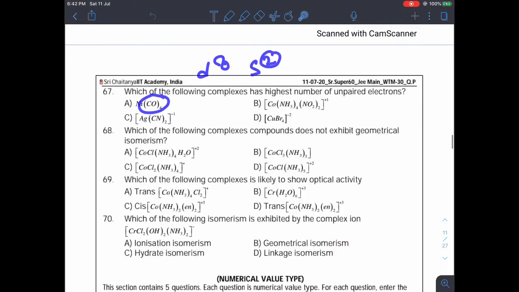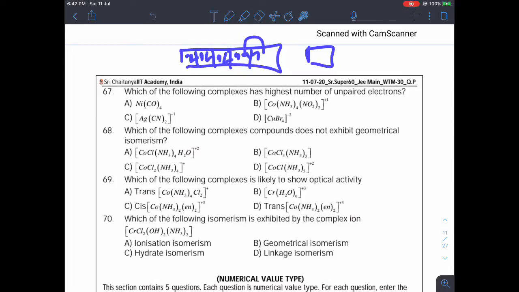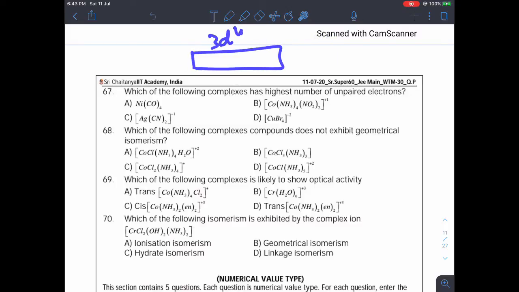It will cause pairing. So whatever d electrons we have here, 6, 7, 8, they will pair up, and at the same time the electrons from the 4s will also come to the empty orbital coming here. So overall the arrangement will become 3d10, right?